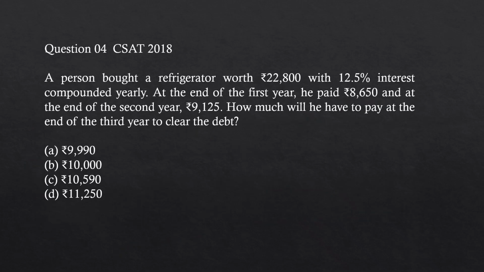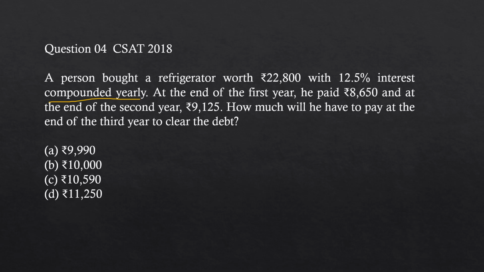Now question number 4, asked by UPSC CSAT examination in 2018. A person bought a refrigerator worth 22,800 with 12.5% interest compounded yearly. So please remember, it is not about simple interest. It is compounded yearly. At the end of first year, he paid 8,650 and at the end of second year, he paid 9,125. So how much will he have to pay at the end of third year to clear the debt?